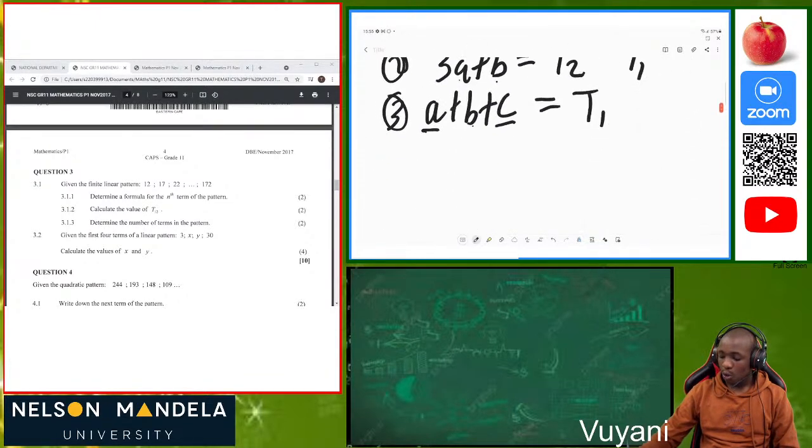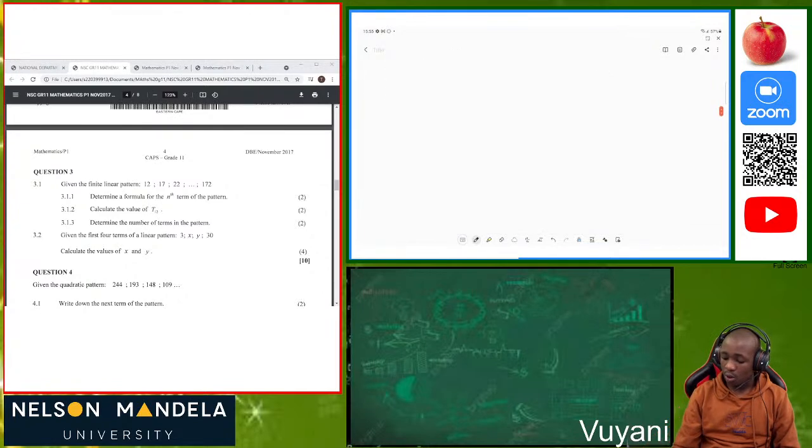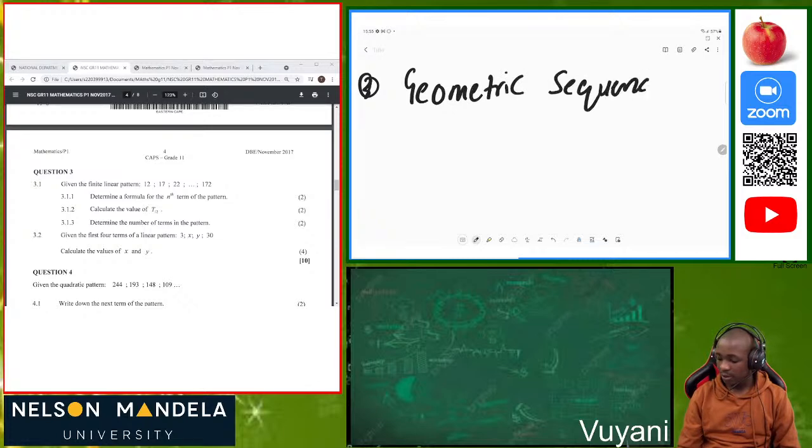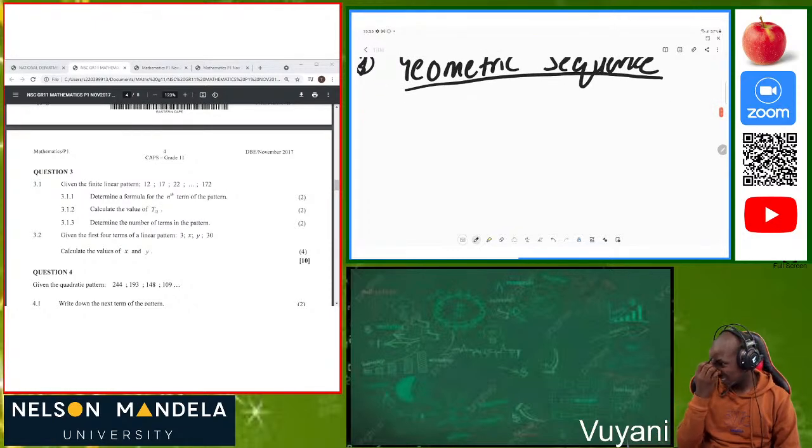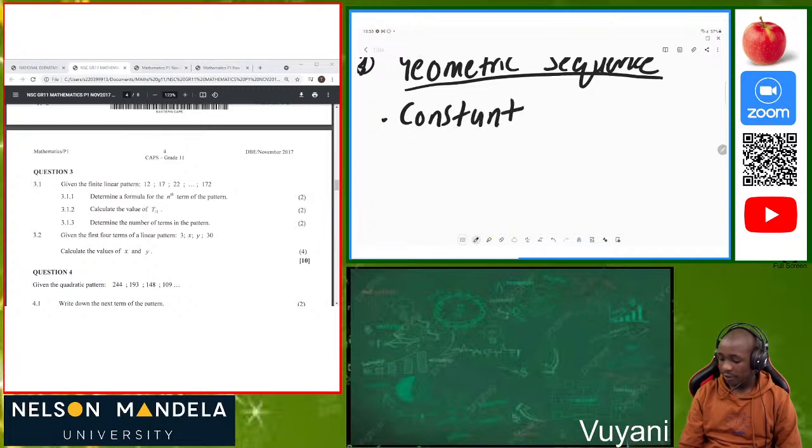So this is basically our quadratic sequence. Going to the third one, which is called the geometric sequence, which is in grade 12 now. The geometric sequence has what we call a constant ratio, which is denoted by the letter r.